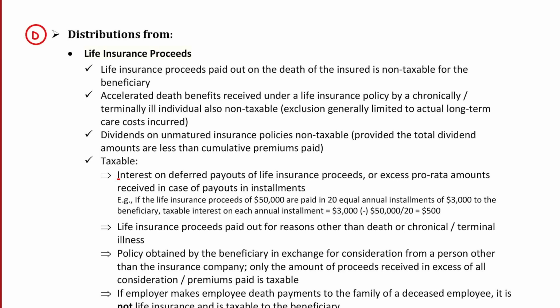The first one out here is, highlight, life insurance proceeds. So life insurance proceeds are non-taxable if they are paid out on, highlight, death of the insured, or if there are accelerated death benefits received under a life insurance policy by, highlight, a chronically or terminally ill individual. Put a bracket around both these and write non-taxable if.